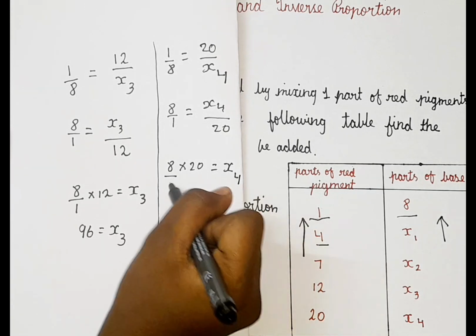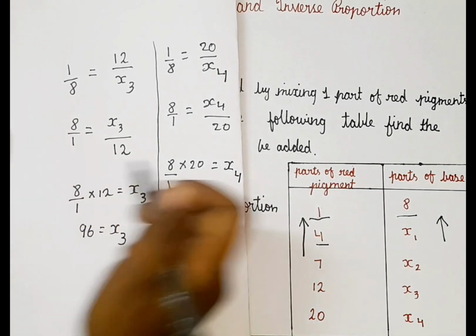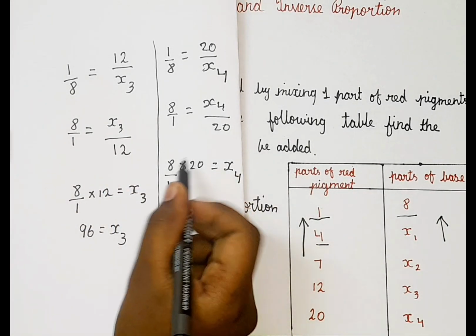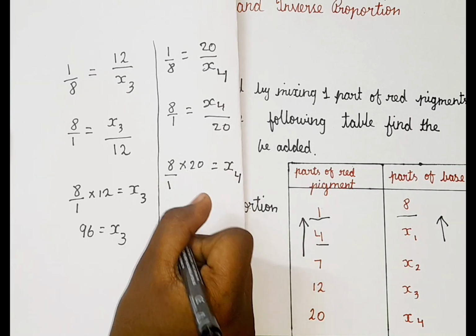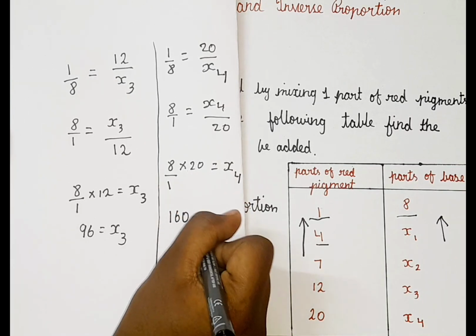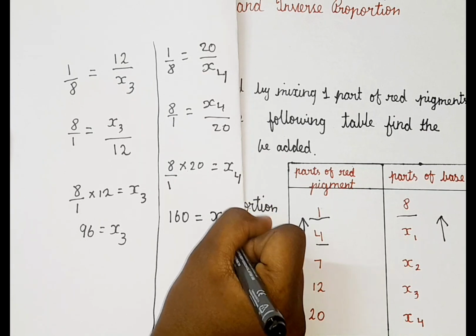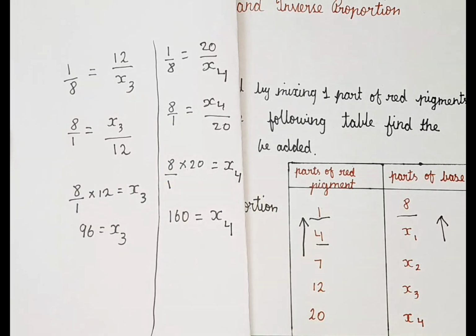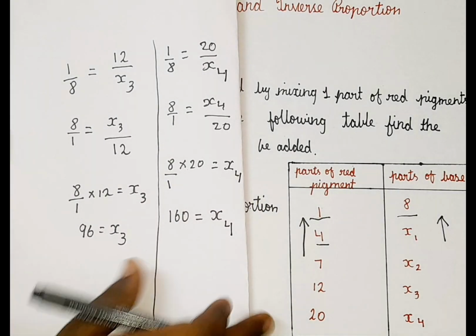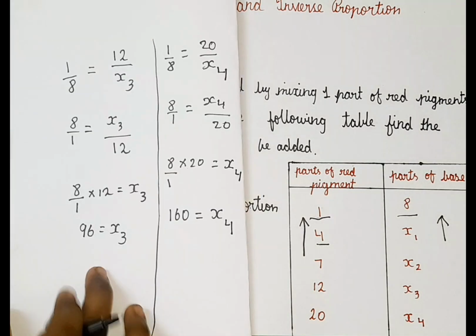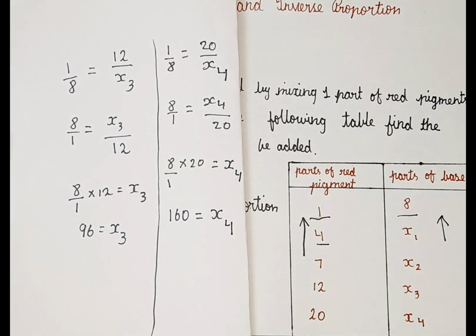You must write 8 by 1, that's important. So 8 into 20 is 160. So 160 is equal to x4. Finally we found the values of x1, x2, x3 and x4. So this is our answer.